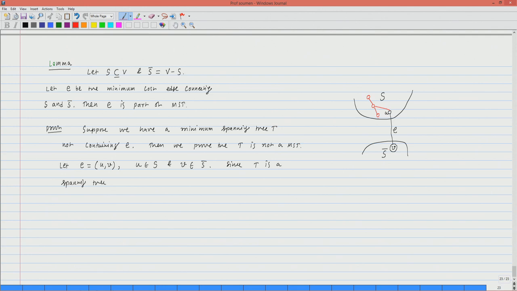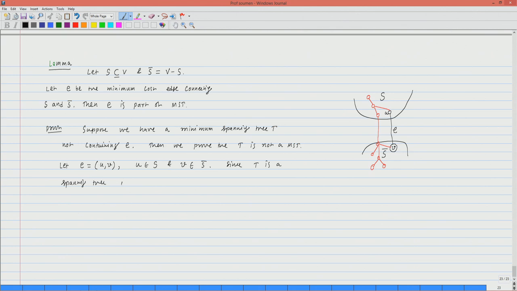So, this red tree is the spanning tree, suppose. Then since T is a spanning tree, U and V must be part of this tree, right, because it contains all the vertices.